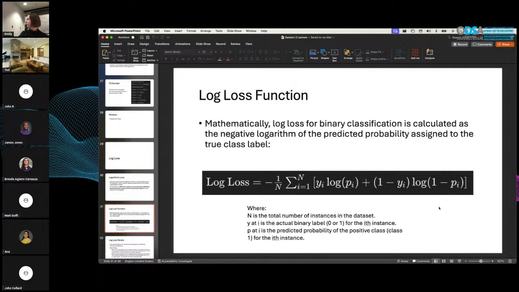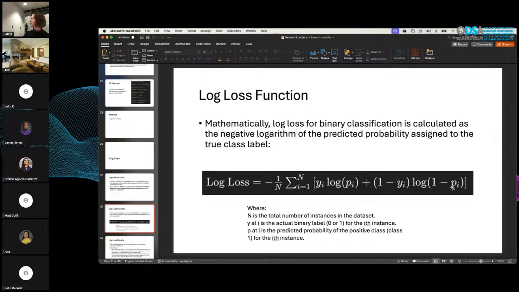The reason for that, I'm just thinking through this, make sure I'm not going to miscommunicate. Yes. It's because it's how far we are from the predicted probability. If we took log of p at I without doing this 1 minus when the probability is actually 0, we're in both situations calculating the distance from 1.